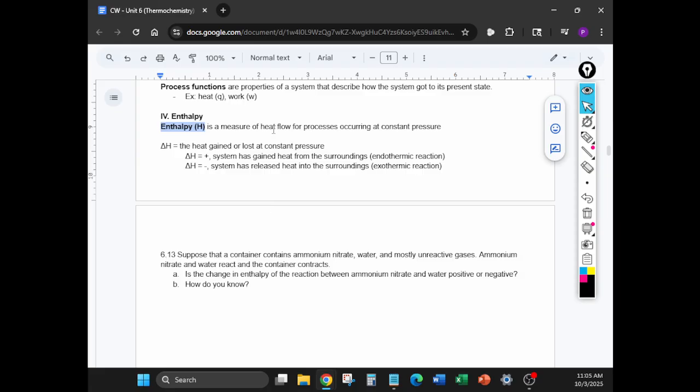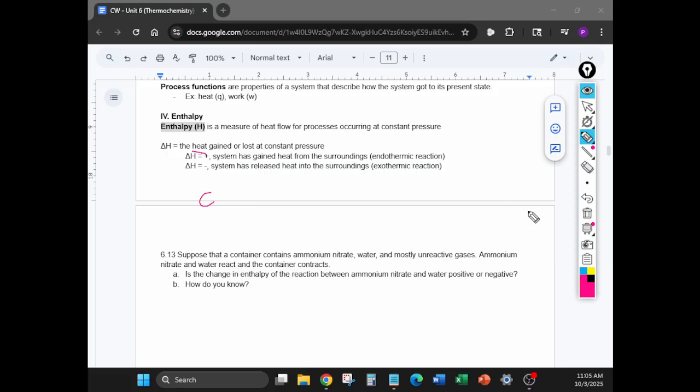All right, so enthalpy is basically the variable we use to describe it, capital H, and you can just think of it as heat. It tells us whether the system is gaining or losing energy, if it's exothermic or endothermic. So what we're going to have a lot is a chemical reaction.